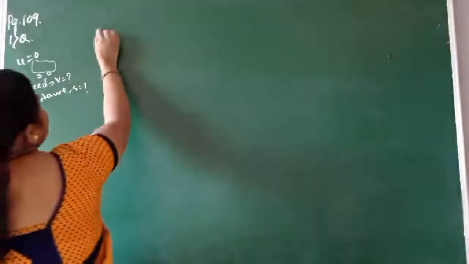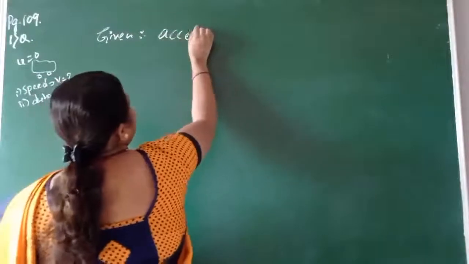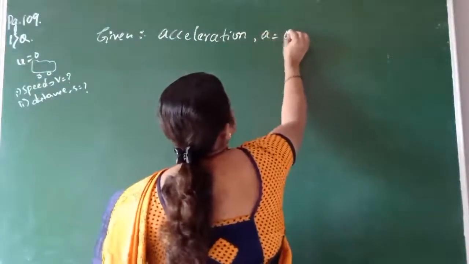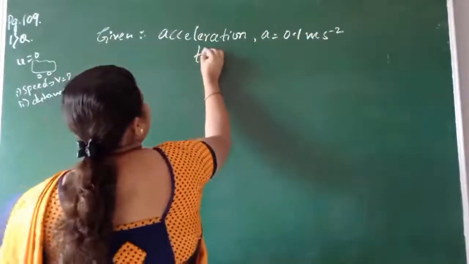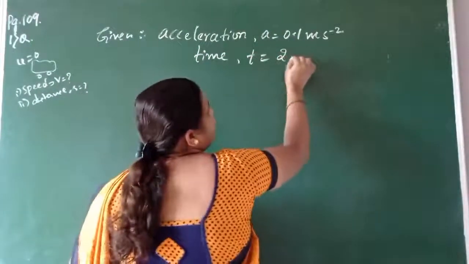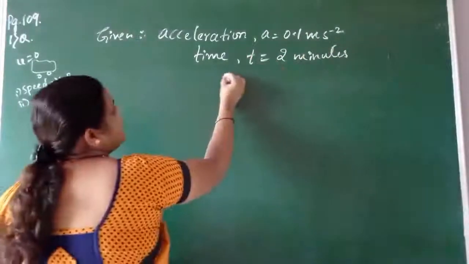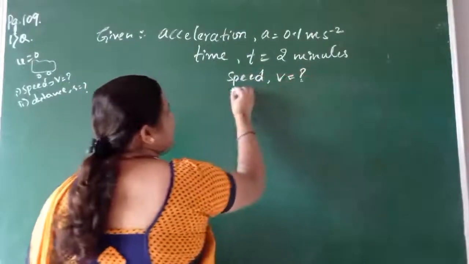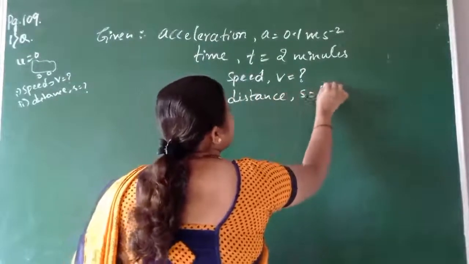So what is the given data, children? Acceleration A is equal to 0.1 meter per second square. Then time T is equal to how much? 2 minutes. See children, then speed V is equal to question mark and distance travelled S is equal to question mark.